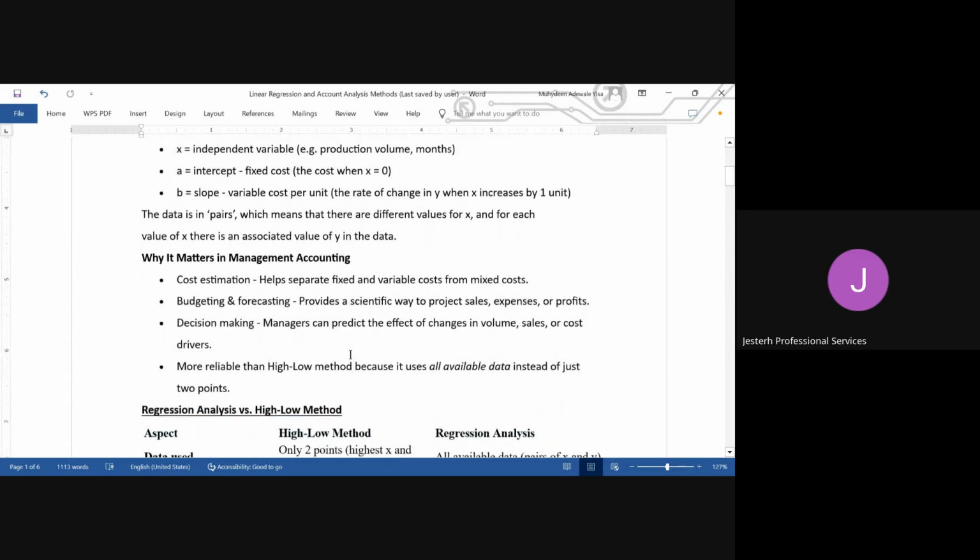And the question here is, why does linear regression matter in management accounting? If someone is not related to the accounting field, where a management accountant is discussing linear regression, they might be confused about what an accountant is doing with linear regression.